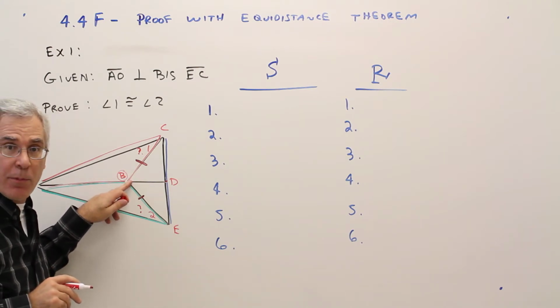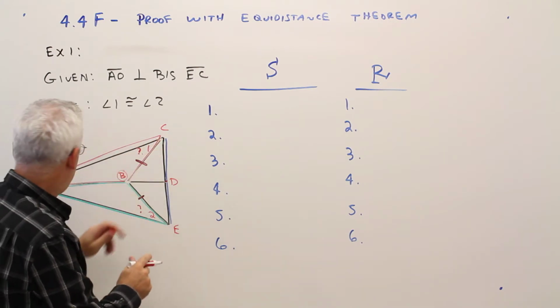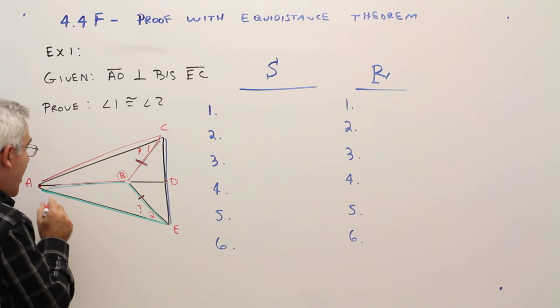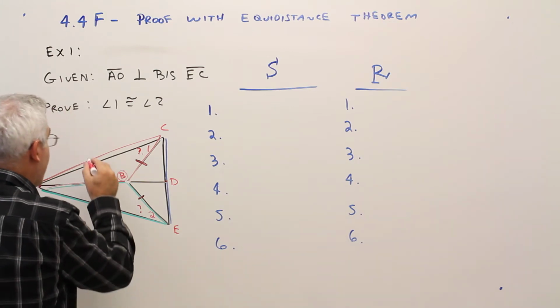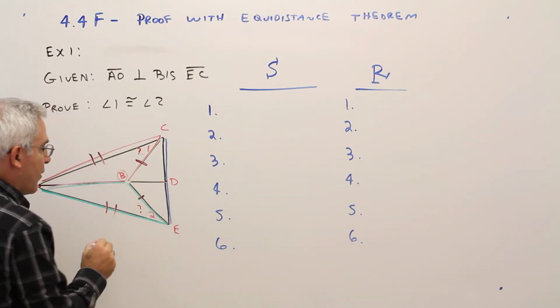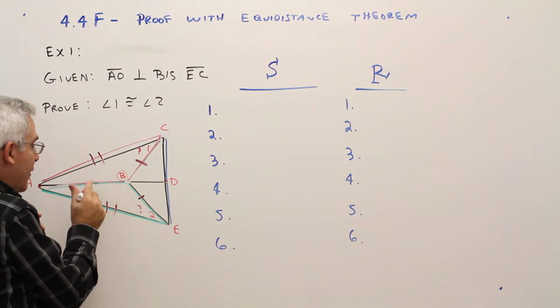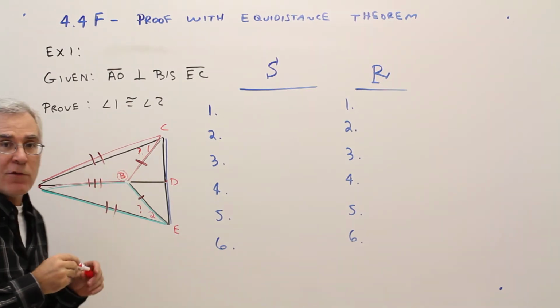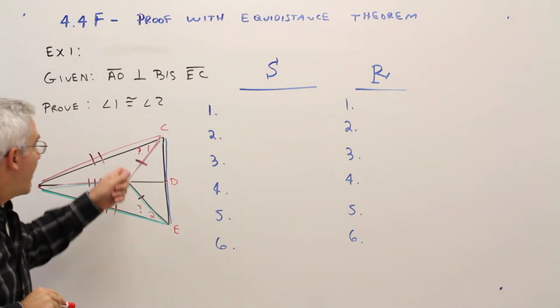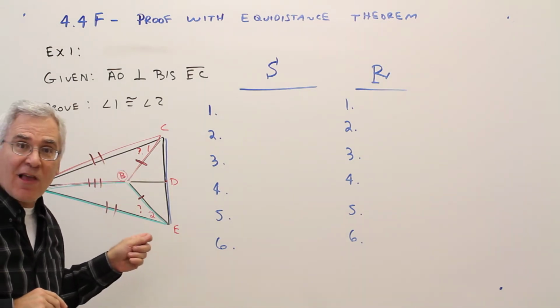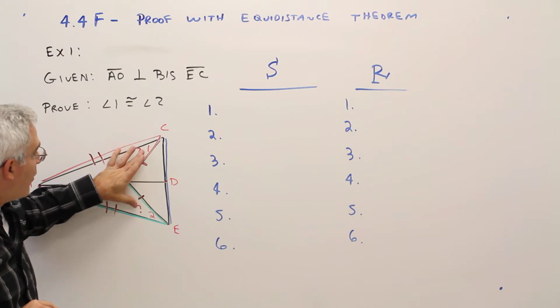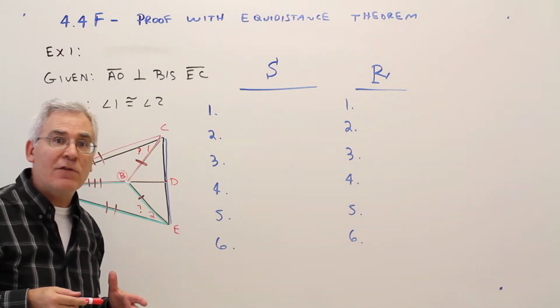Point B is on the perpendicular bisector, so it's equal distance. This point A is on the perpendicular bisector, so that's equal distance. And then I know that this side is congruent to itself by reflexive, so I just found my game plan. Get those two triangles by side, side, side, and then get those two parts by CPCTC.